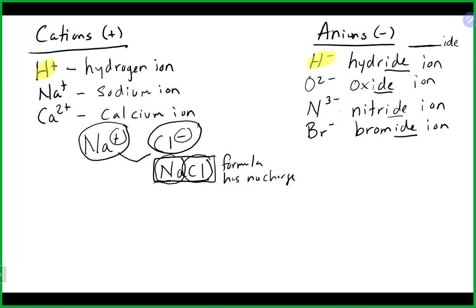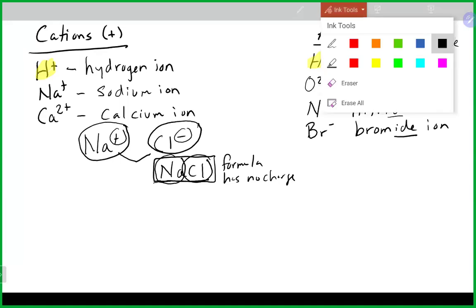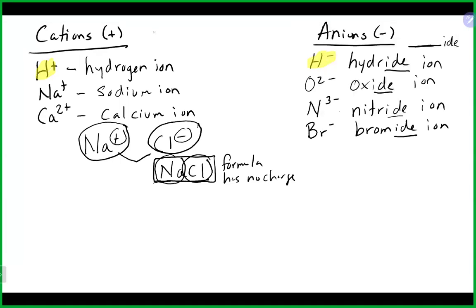Now, if I took my sodium ion and hooked it up with my oxide ion, will it add up to 0 if I take +1 and -2? It will not. In this case, we need more of which one? We need more of the sodium.